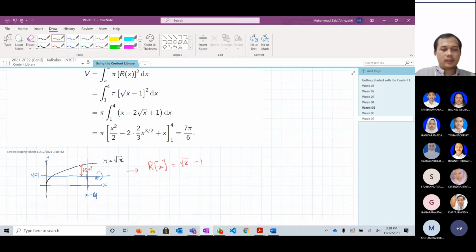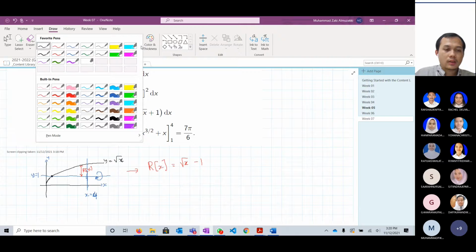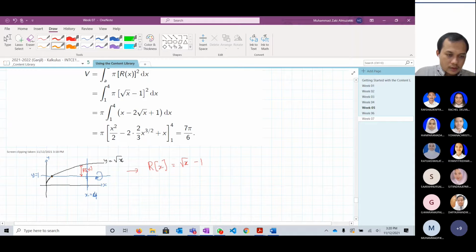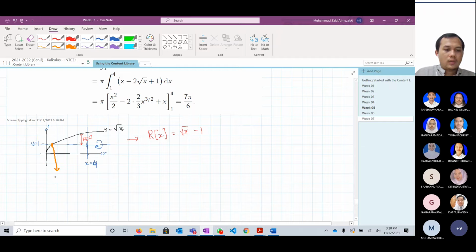And here we find that this point, sorry, let me use the orange. This orange point, this is actually y equals 1 equals square root of x. So here we have that x equals 1.